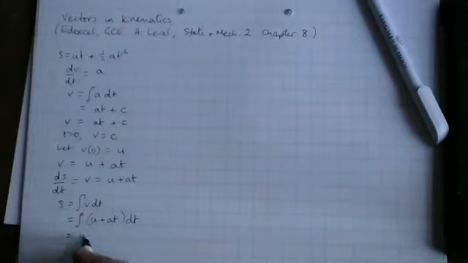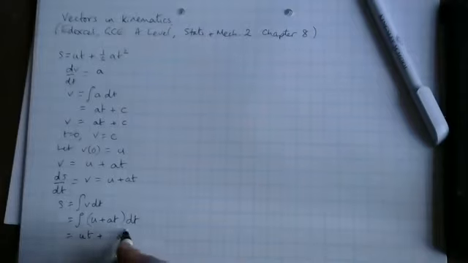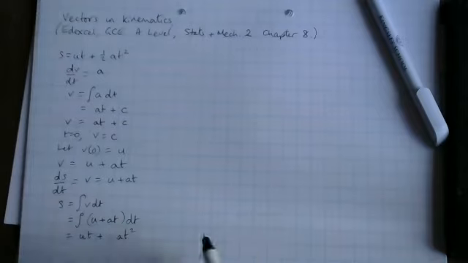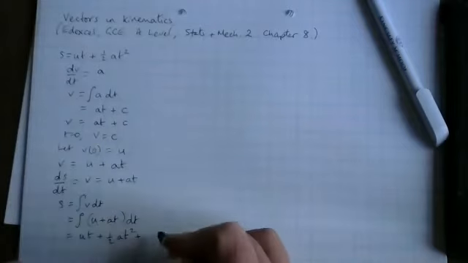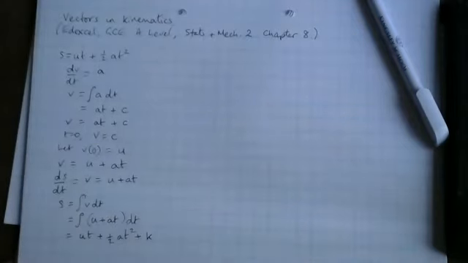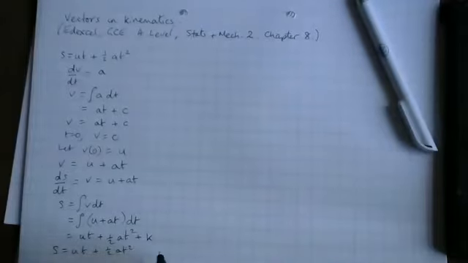ut plus, that's going to be at squared, so that has to be a half, plus a constant. I won't use c because I used it up there, so I'll just use k. So the correct value of s is s equals ut plus a half at squared plus k.